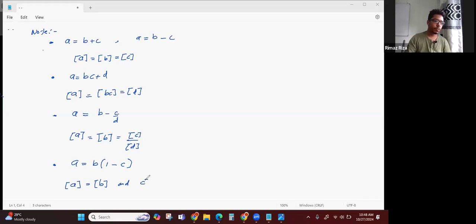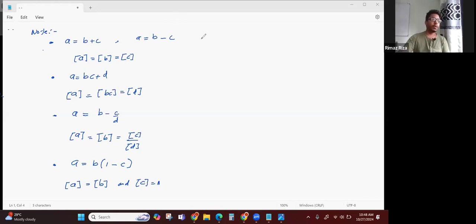So the dimension of C should equal 1. We put a note in the previous slide, right? K is a dimensionless quantity, the dimension of K equals 1. So here C should be dimensionless, therefore its dimension should equal 1.